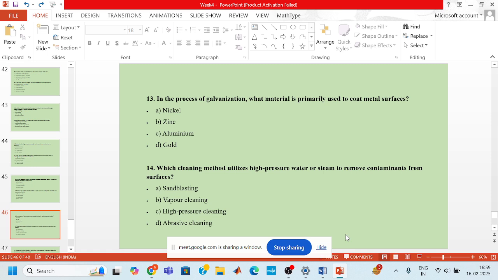Now the next question is which cleaning method utilizes high pressure water or steam to remove contaminants from surfaces? Options are sandblasting, vapor cleaning, high pressure cleaning, abrasive cleaning.